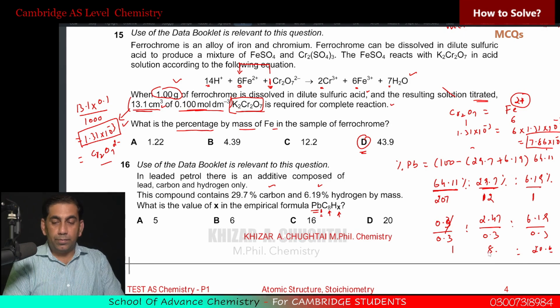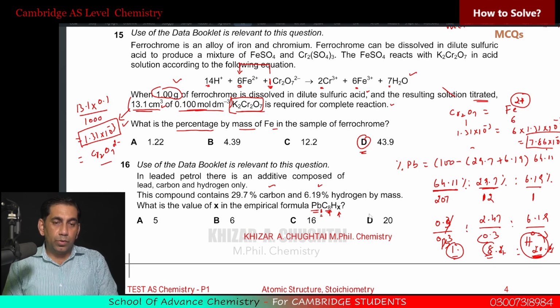So the main answers are 1, 8 point something, and 20, and the decimals are not significant. So the ratio is 1 Pb, 8 carbon, and hydrogen will be equal to 20. So D is the correct option.